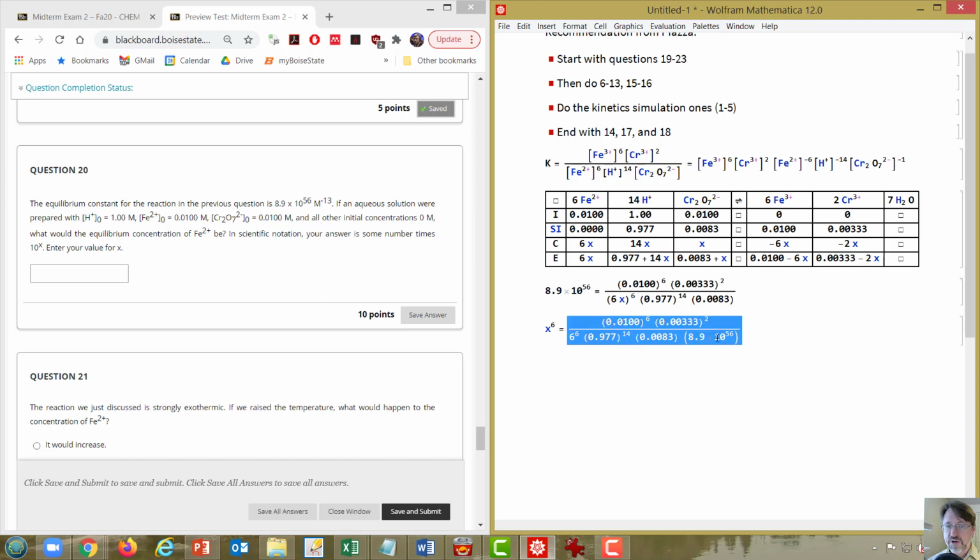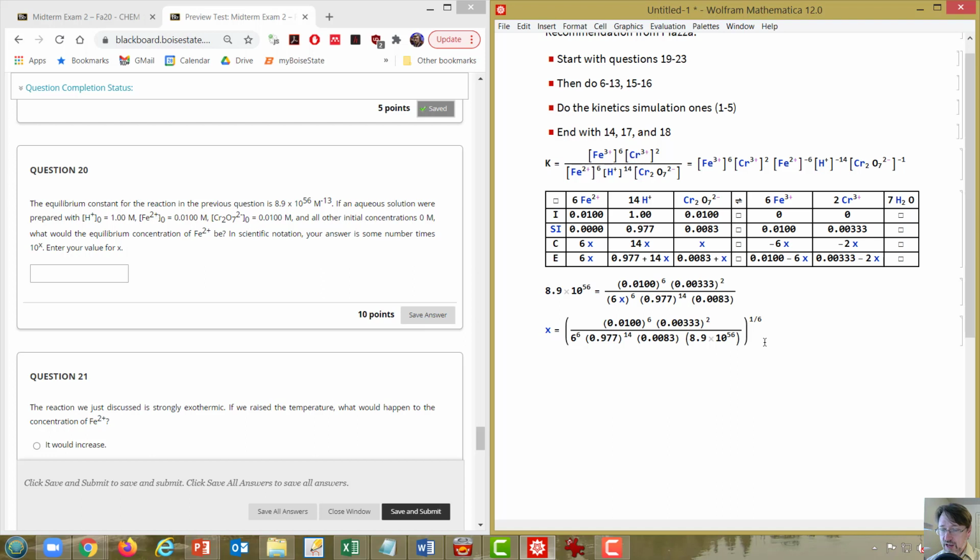We now have an expression on the right-hand side. Now, what do we do to get rid of the 6th? Well, we need to take the 6th root, which is the same as raising something to the power of 1/6. And now, on the right-hand side, we just have numbers.